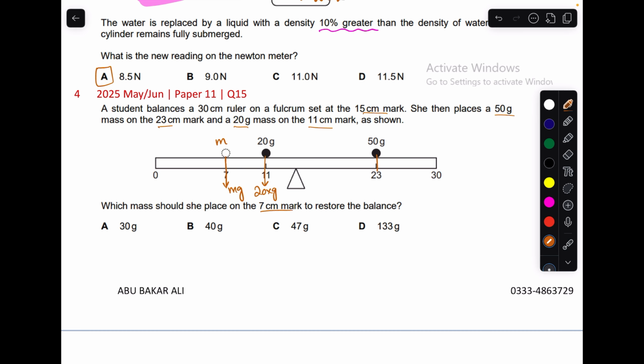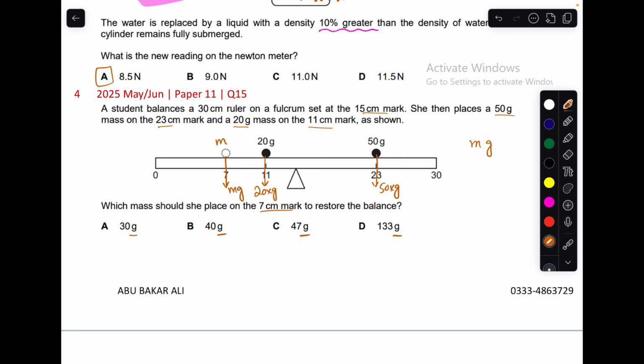One force will be because of this mass, this will be 50g. Force is their weight, and weight is basically mass times gravity. These are in grams. You can convert them into kg if you want to, but it does not make any difference in the moment questions. I'm not changing the units because all the options are also in grams.